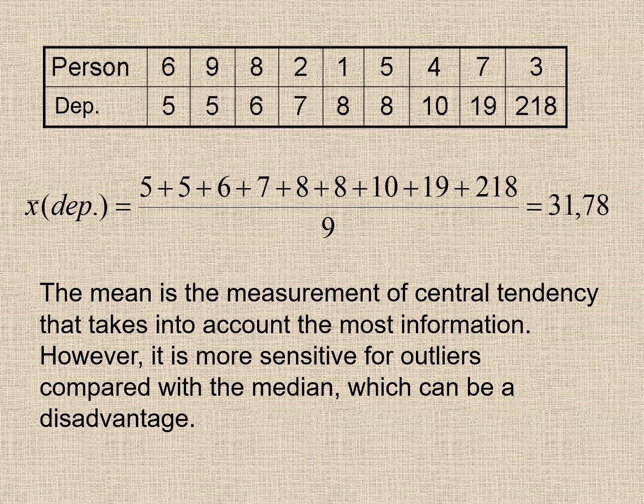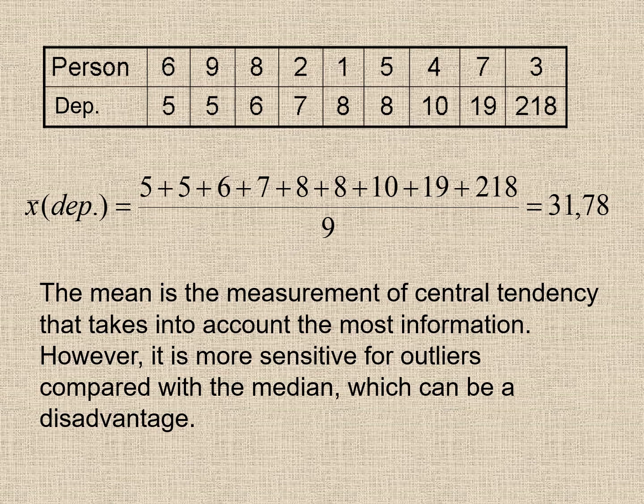Had we calculated the median instead, the median would be 8, and had the extreme outlier been 21 instead of 218, the median would still be 8. And had the highest value, instead of being 218, been 2,180, the median would still be 8. So this indicates that the median is not sensitive for outliers. It's the middlemost value.